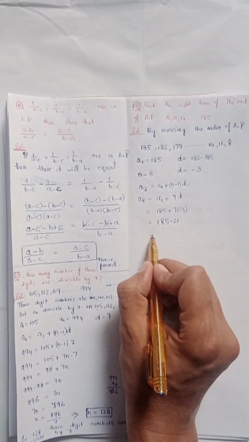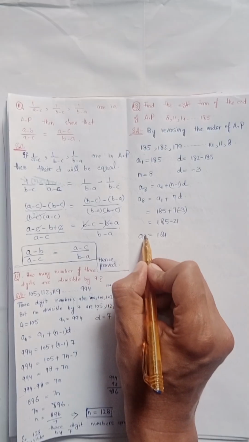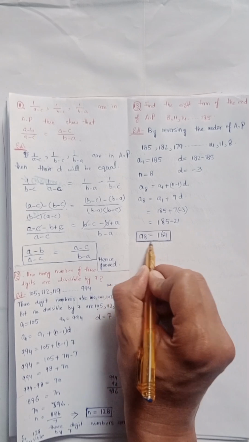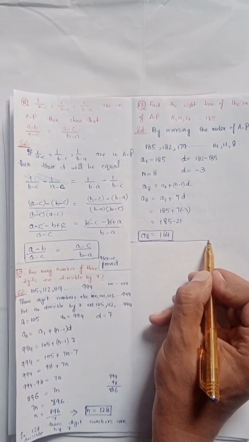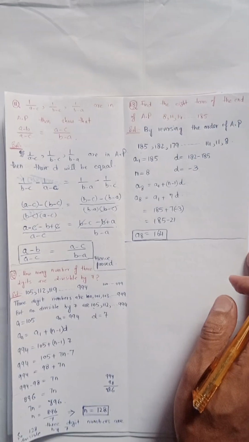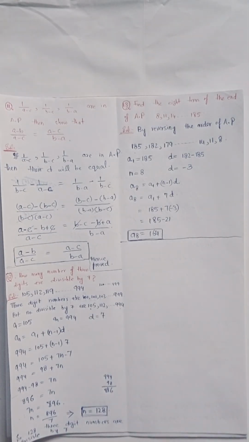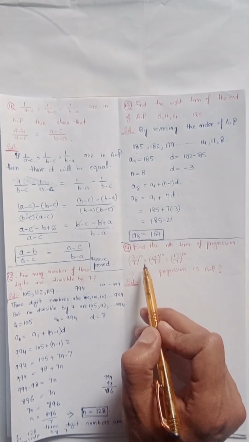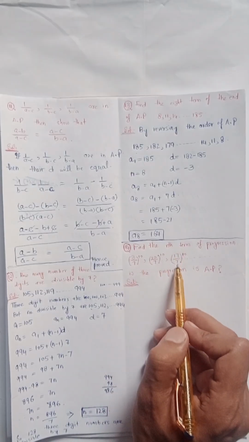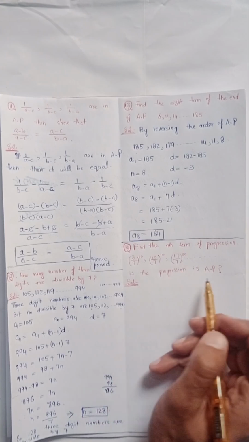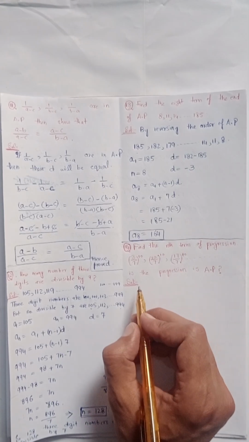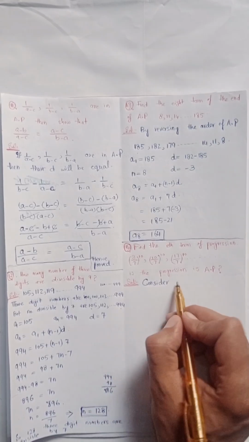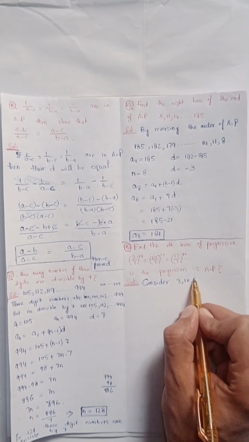So A1 equals 3 and D equals 10 minus 3 equals 7, and the nth term is A1 plus n minus 1 into D, so an equals 3 plus 7n minus 7, an equals 7n minus 4.